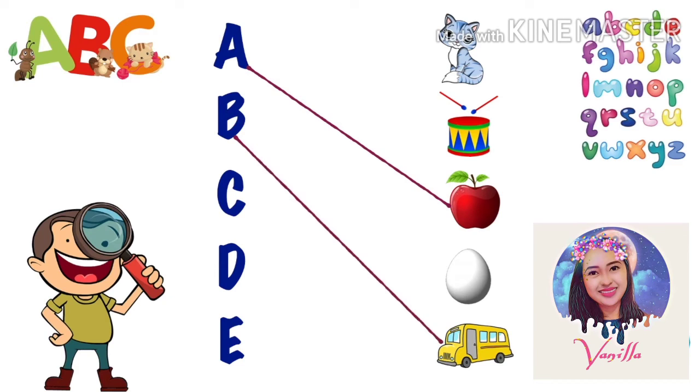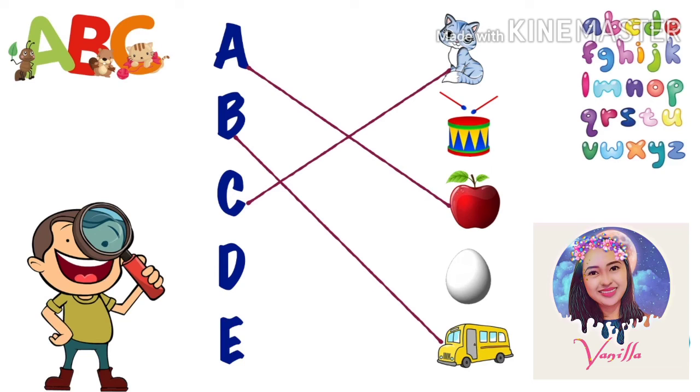Yes, you are right. B is for bus. Now, let's match capital C with its suitable picture. What's the answer? Cat. You're right. C is for cat.